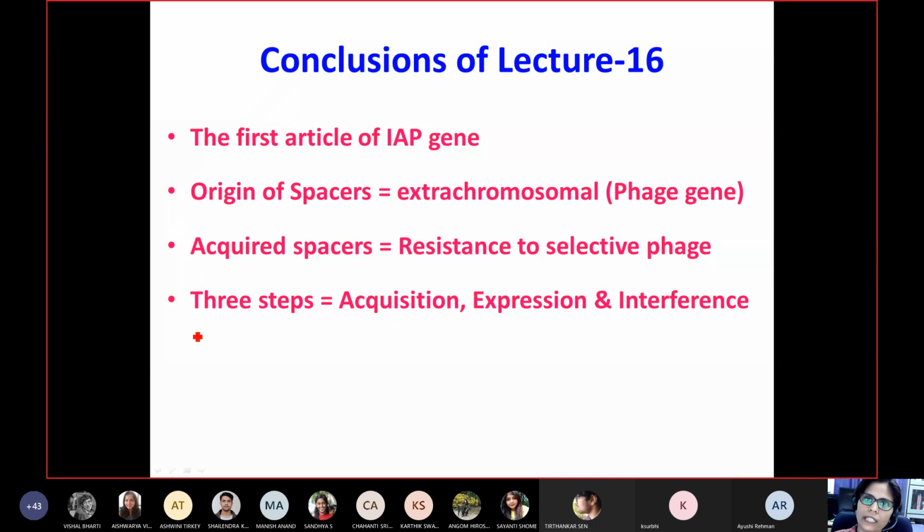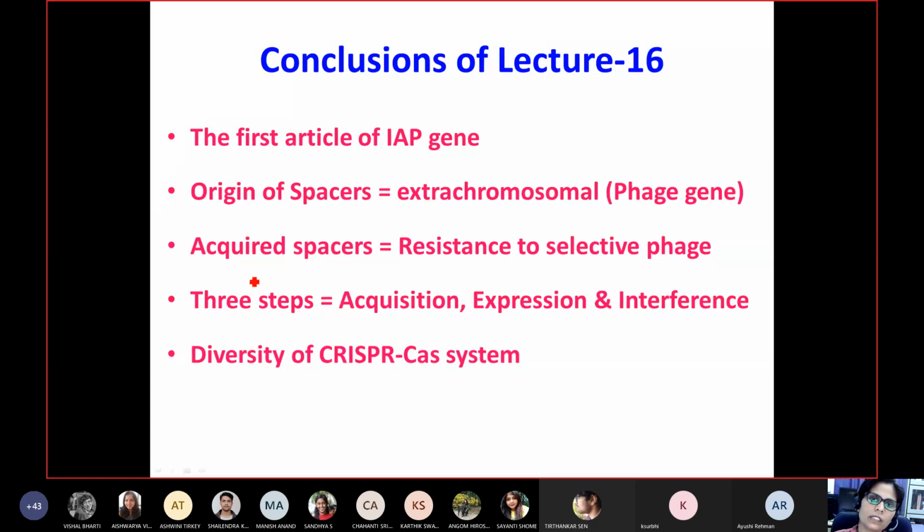Once the bacteria acquires this DNA or protospacers, they are able to defend themselves against that pathogen. That means they are resistant to the selective phages that we have seen.